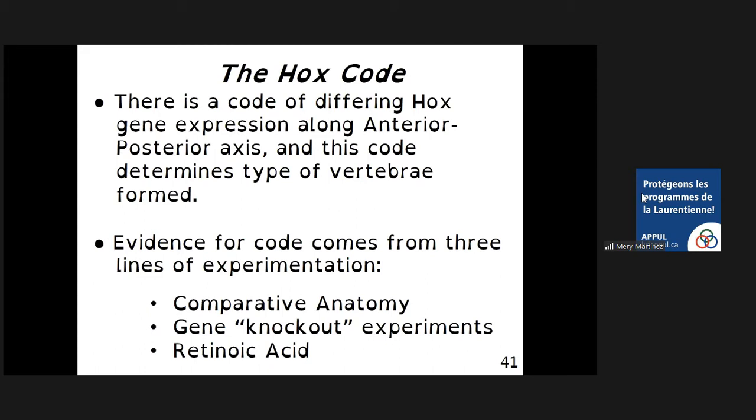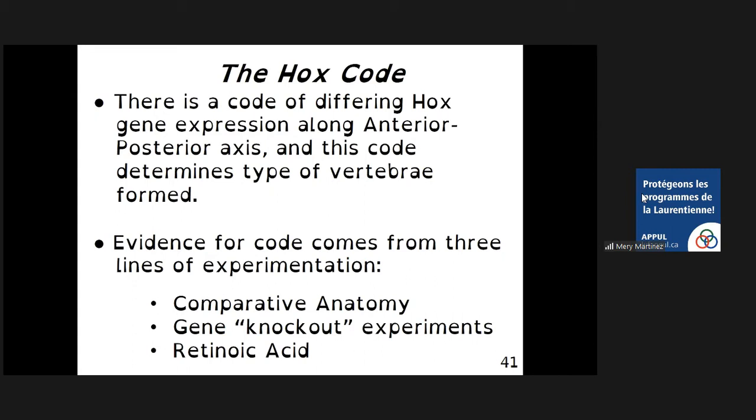The second one is gene targeting or gene knockout experiments, in which mice are constructed that lack both copies of one or more Hox genes. And we know that without certain Hox genes, some regionally specified organs along that anterior-posterior axis will fail to form because they don't have the information. Sometimes a region will become specified as another region if we put the gene somewhere else.